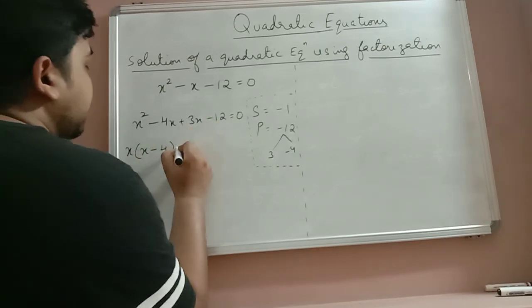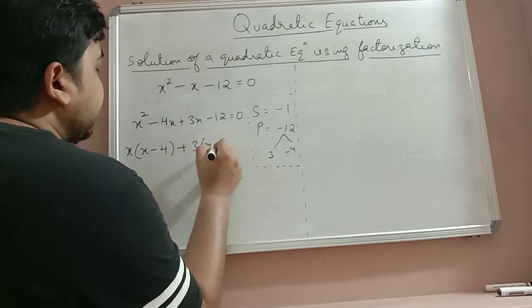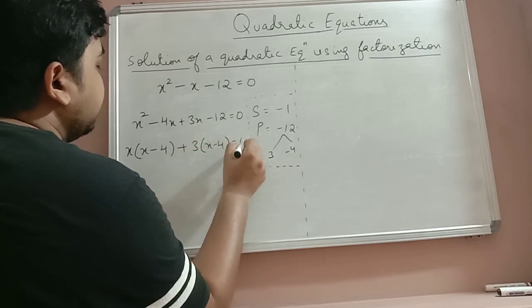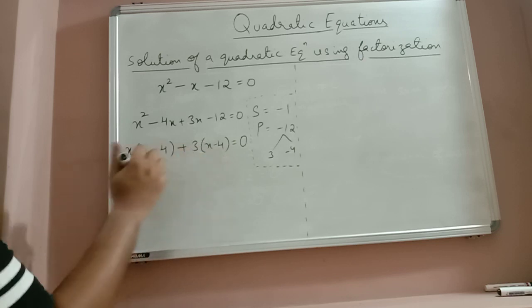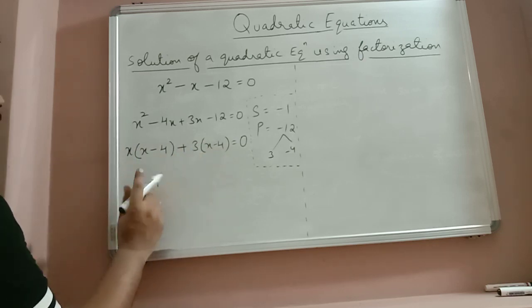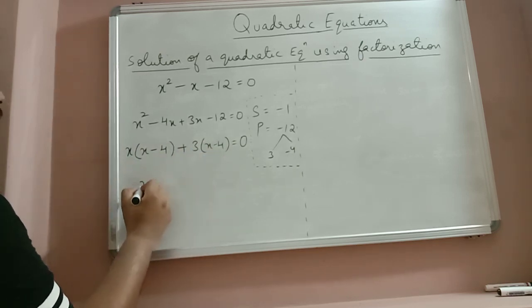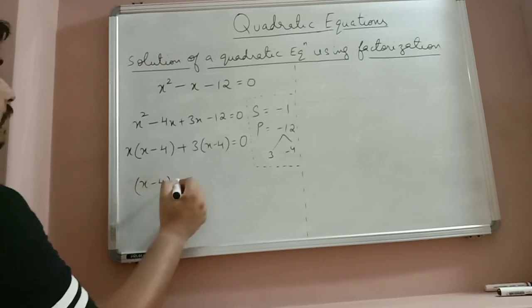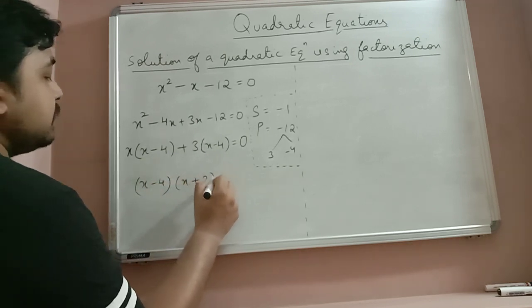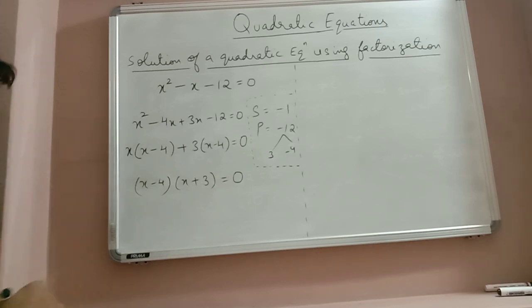And in the next two terms, I can take 3 common. Again, I'll get x minus 4 inside the bracket equal to 0. Now, in both the terms, I can take x minus 4 common. And we will be left with x plus 3 equals to 0.